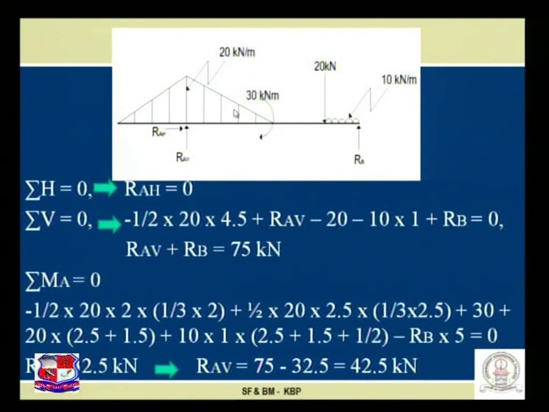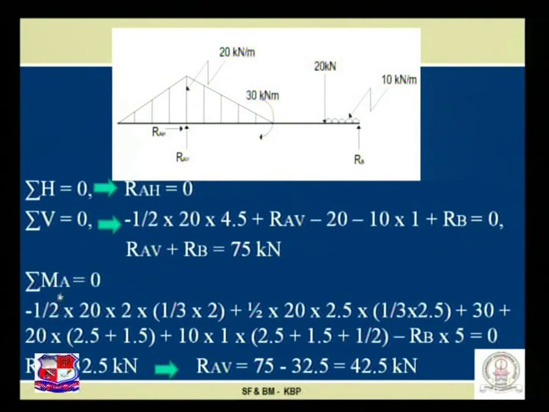Now there is no contribution of this 30 kilonewton meter in the calculation of sigma V. So only 20 with the minus sign, 10 into 1, plus RB, which is equated with 0, and we achieve an equation RAV plus RB is equal to 75 kilonewton. So we got the sum of the reactions as 75 kilonewton.